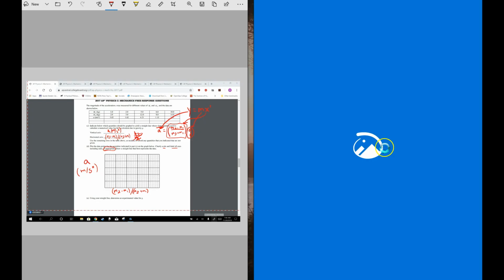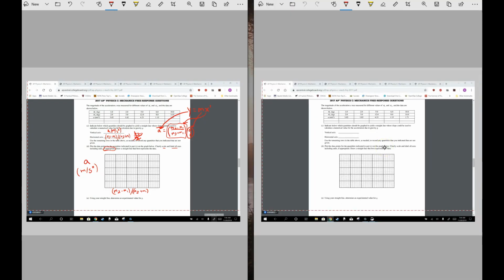Remember we talked about you can go to Stat, and then you hit that Edit key. And in that, make L1 m2, make L2 m1, and then set L3 equal to (L1 minus L2) divided by (L1 plus L2), and hit enter.